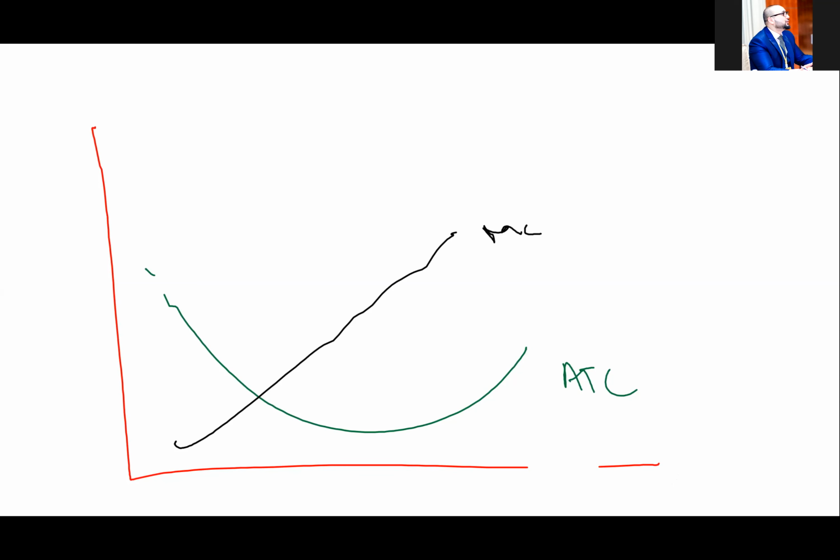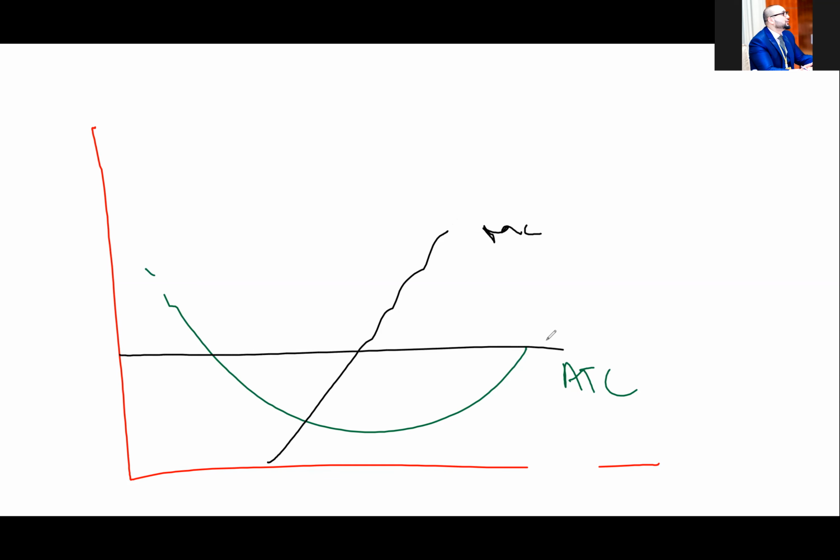Oh, I made a mistake, because monopoly should pass through its efficient scale here, right? So in perfect competition, we just draw one single straight line, and then we see where we need to produce. But here we have two curves, so let's draw the two curves.